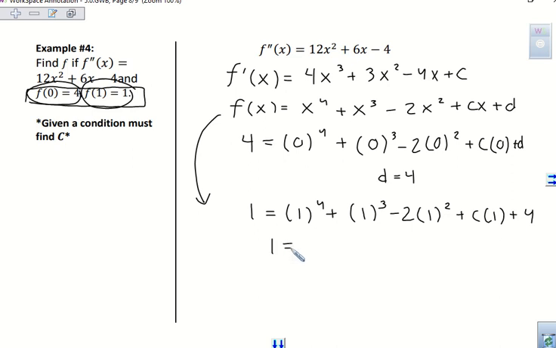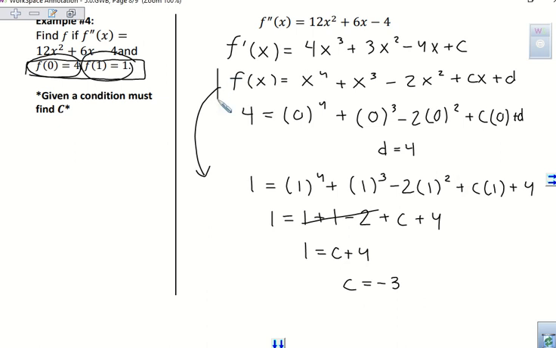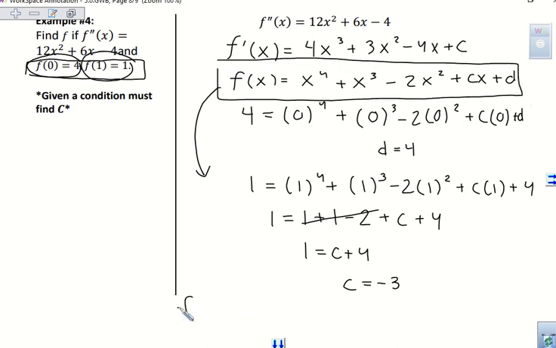So this is 1 equals 1 plus 1 minus 2 plus c minus 4, or plus 4. These go away, and it becomes 1 equals c plus 4, which means c equals what? Negative 3. So then your final answer, you would just rewrite the function, but you have to put in c and d.